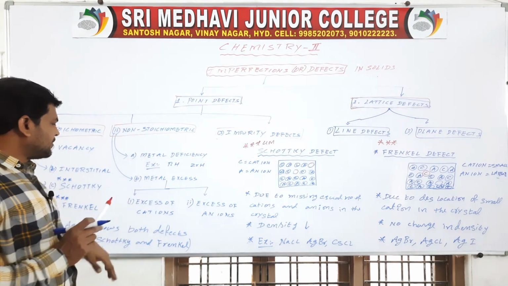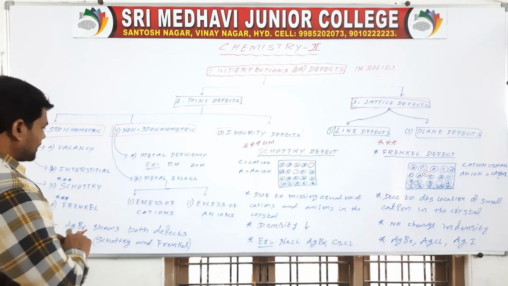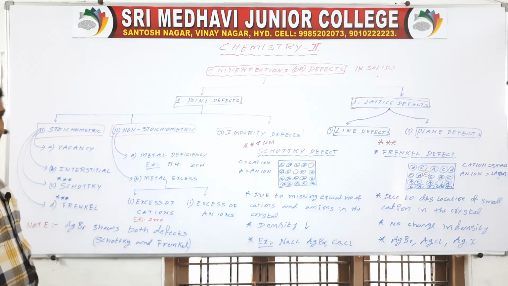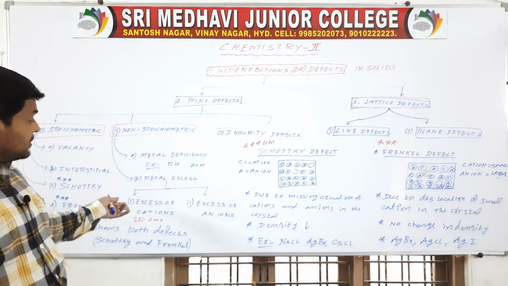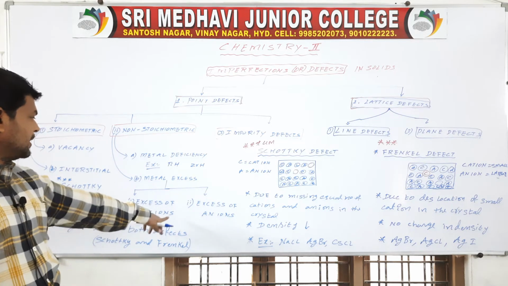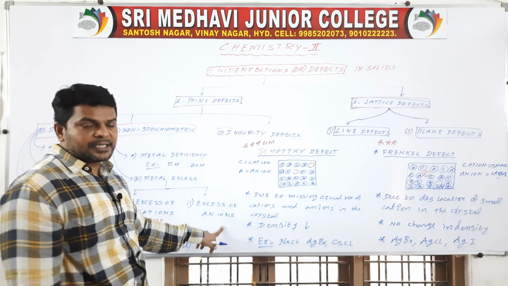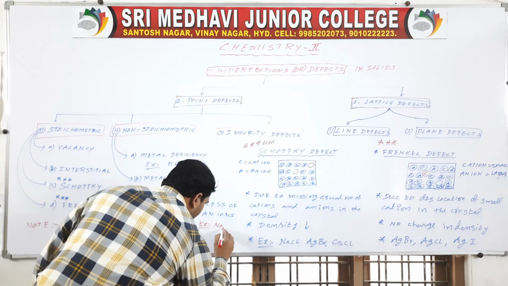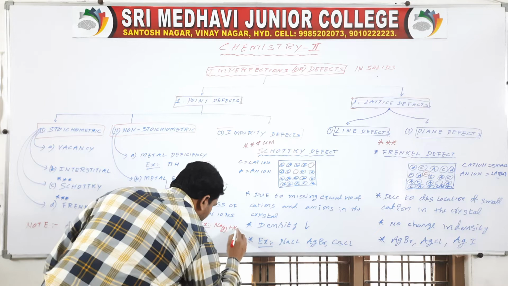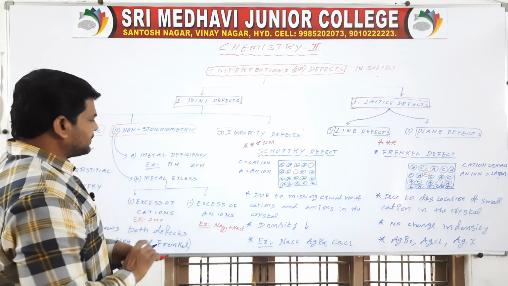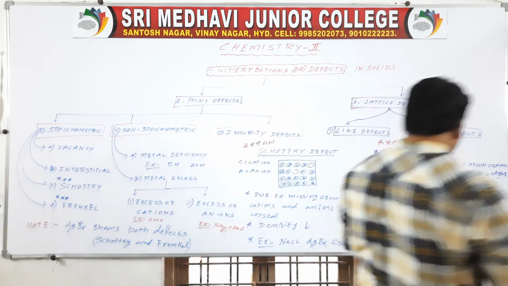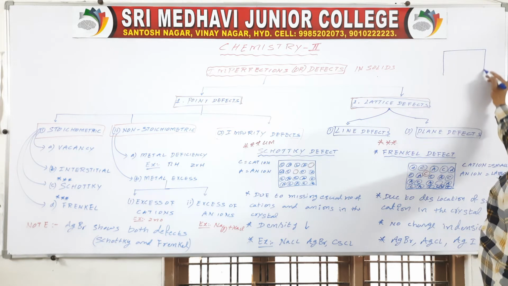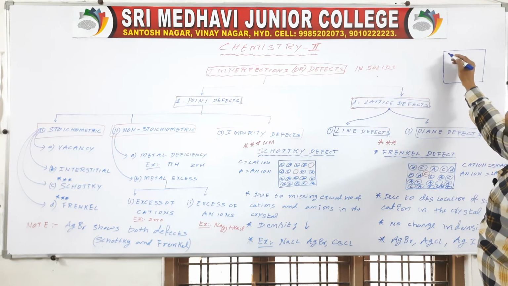For example, excess of cations: ZnO is an example, where due to the presence of excess zinc, an excess of cations defect is formed.